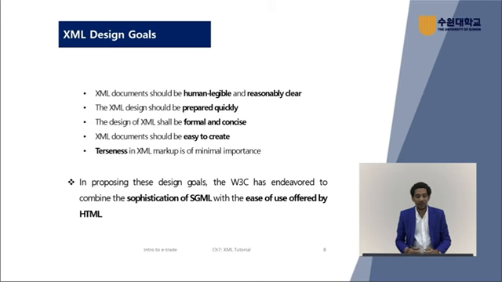So in proposing the design goals, the World Wide Web Consortium has endeavored to combine the sophistication of SGML with the ease of use of HTML, right? So XML has both these qualities of sophistication of SGML, standard general markup language, and the ease of use of HTML, right?